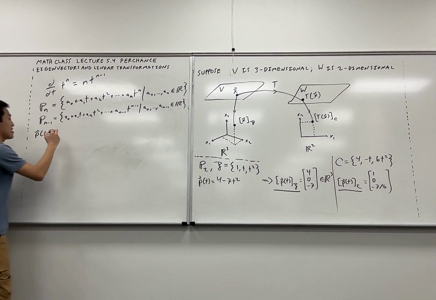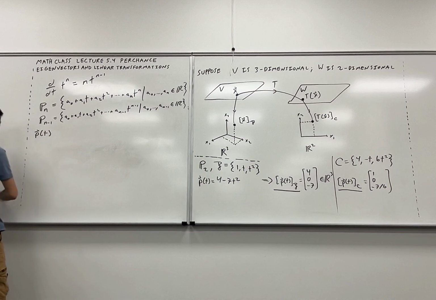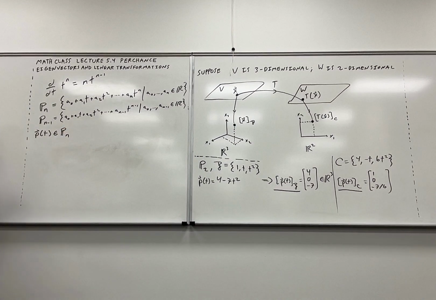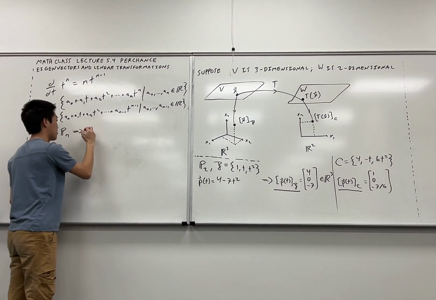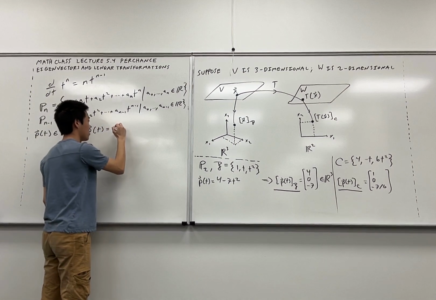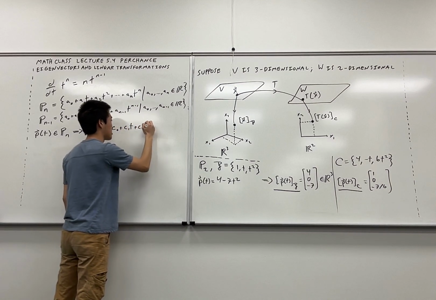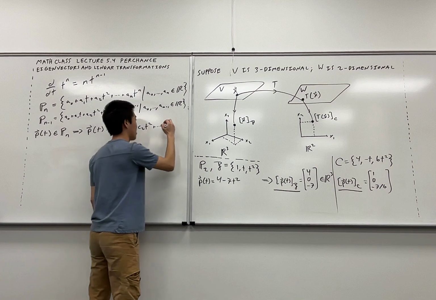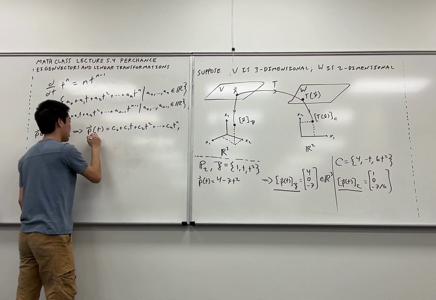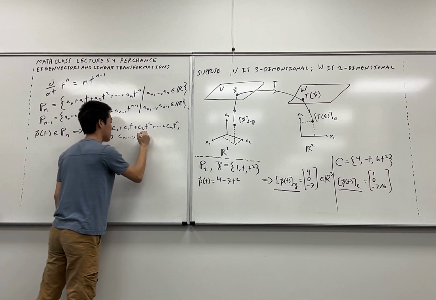If P of t is in Pn, then that tells me something about the vector P. That means I can express P of t with some constants: C naught plus C1t plus C2t squared all the way down to Cn t to the n, where I have scalars C naught to Cn.